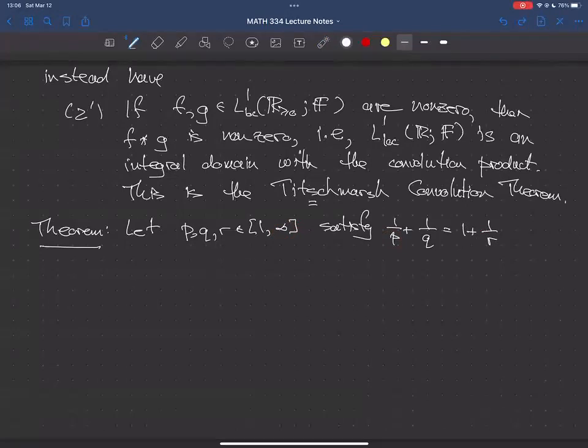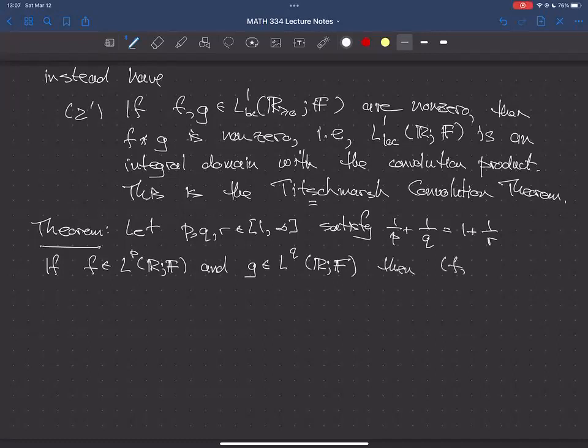If F is in LP of the real line, and G is in LQ on the real line, then F and G are convolvable and the convolution F star G is in LR.